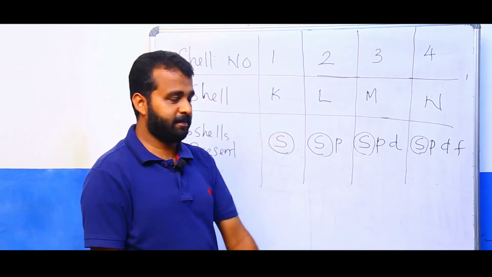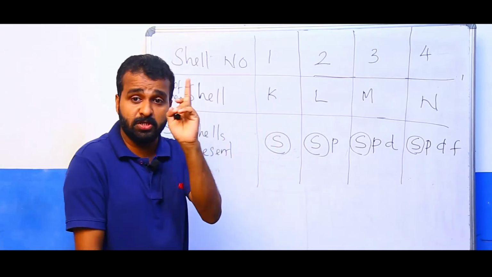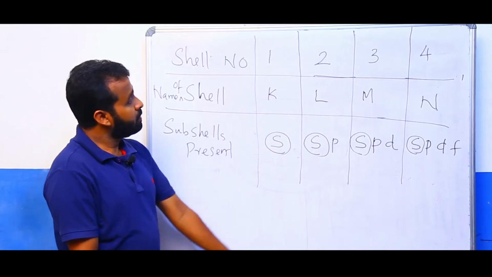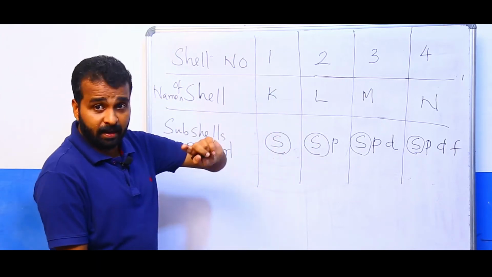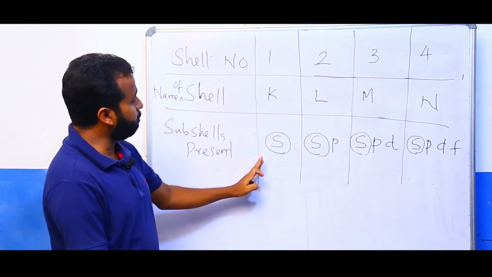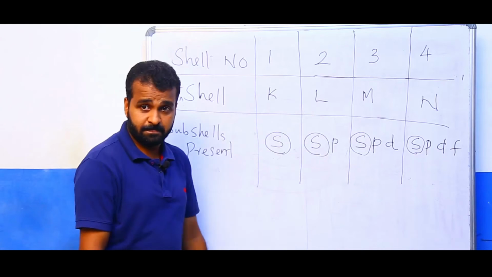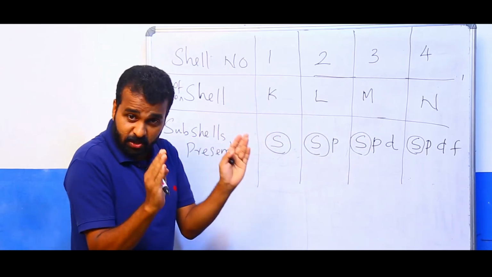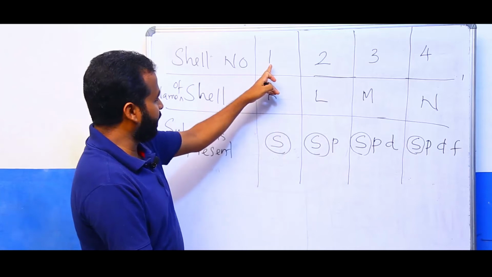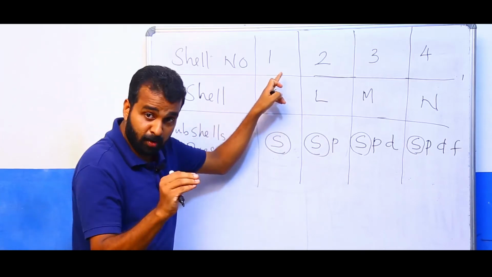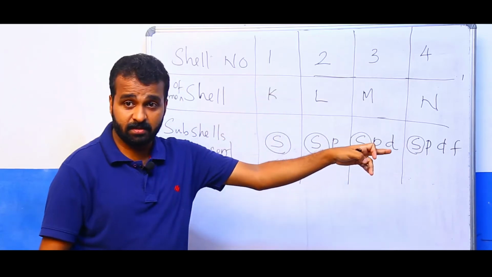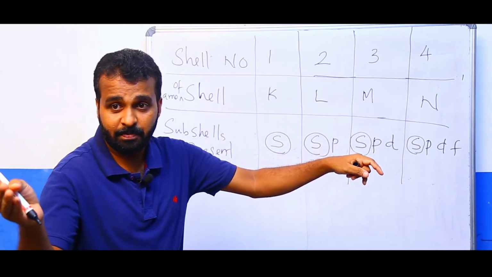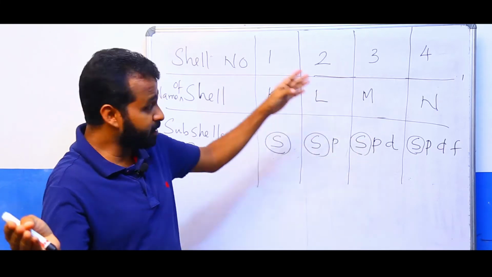My second question, is there any relation between shell number and number of subshells present? Once more listen, is there any relation between shell number and number of subshells present? Look at the picture.